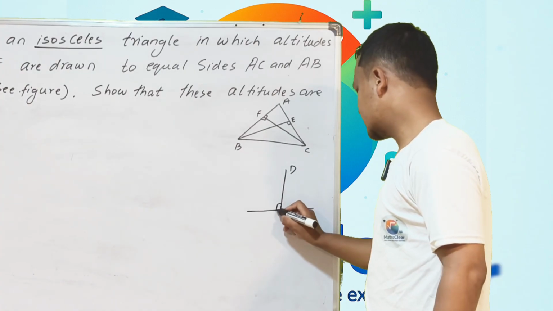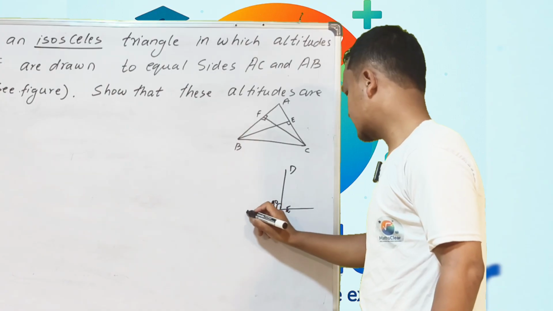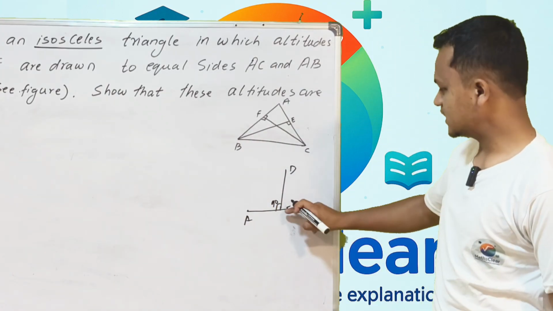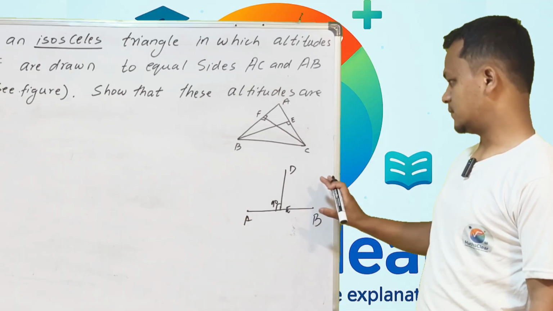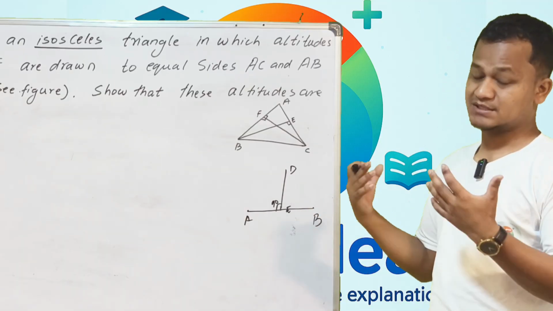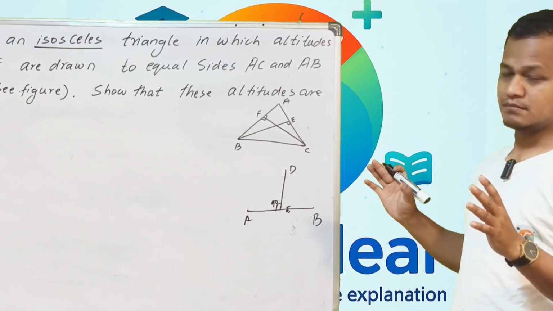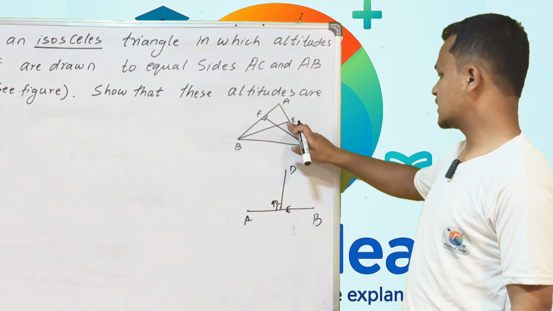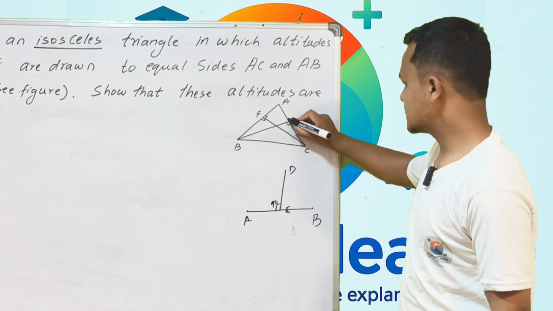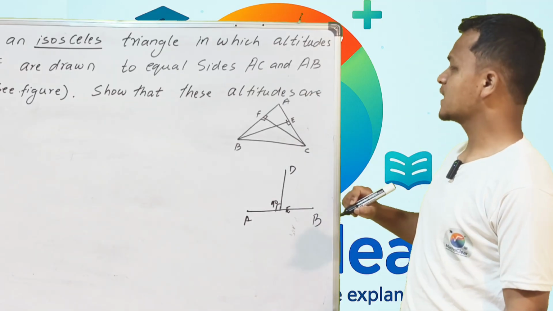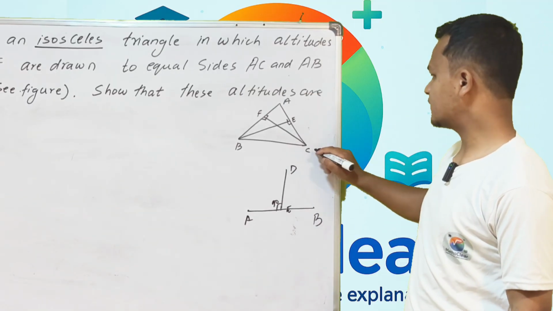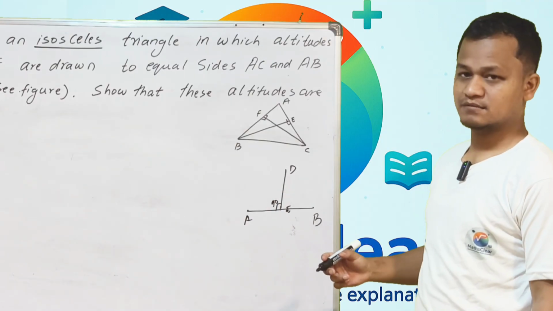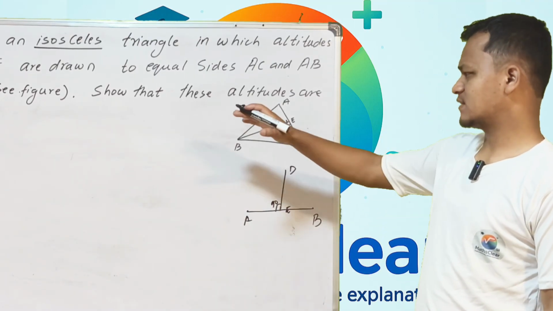If DE makes an angle of 90 degrees with the line AB, then we say that DE is perpendicular to AB. So that's the meaning of altitude. Altitude and perpendicular have the same meaning. So BE is making an angle of 90 degrees on AC, and CF is making 90 degrees on the side AB respectively. You have to keep that in mind.